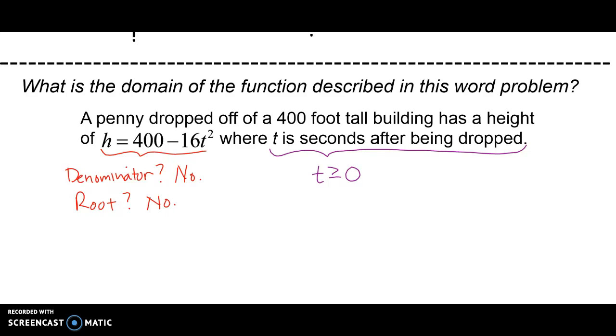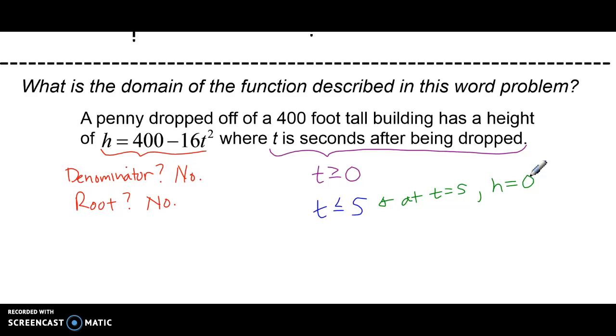Now, there's also another limitation in case you're curious. In this situation, t also has to be less than or equal to 5. Now, you're probably wondering, why does it have to be less than or equal to 5? Because at t equals 5, h comes out to be 0. Well, so what's the big deal? Well, that means the penny hits the ground.